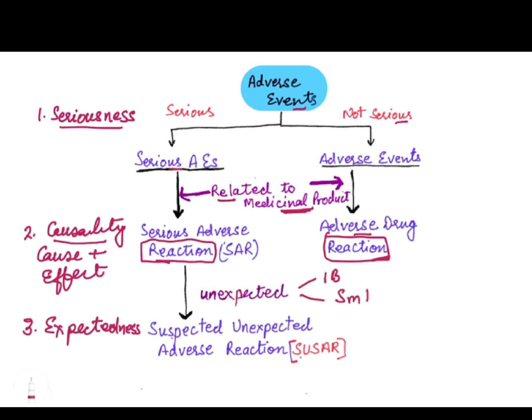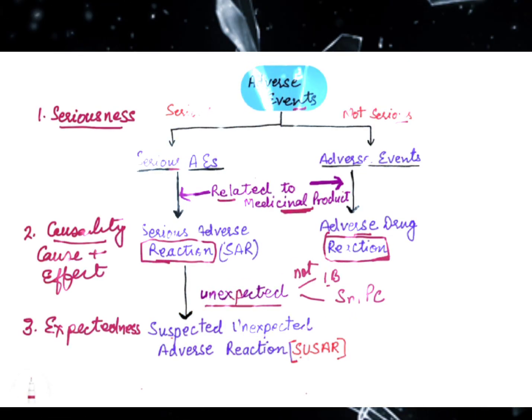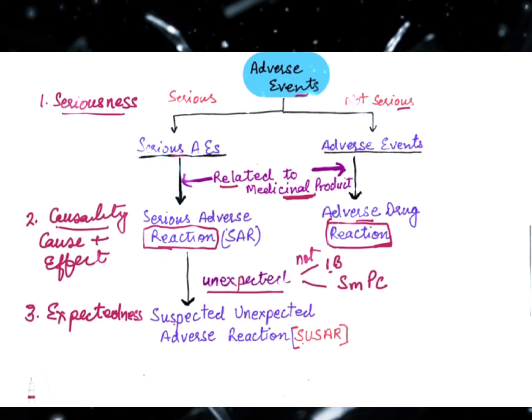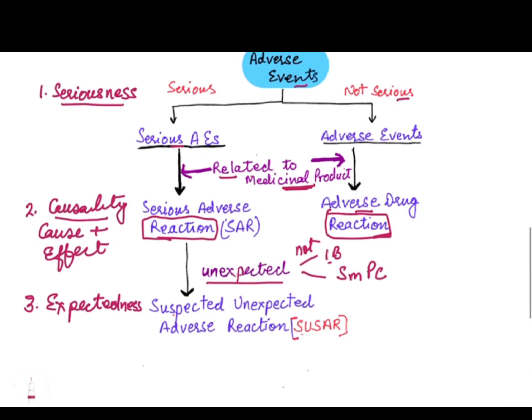If it is already mentioned in that particular investigator brochure, based on preclinical trials and previous clinical trials, then it will be considered expected. But if it is not mentioned in these two documents, it is unexpected, right? So when this is unexpected, then it will turn into a suspected unexpected adverse reaction, which is your SUSAR.